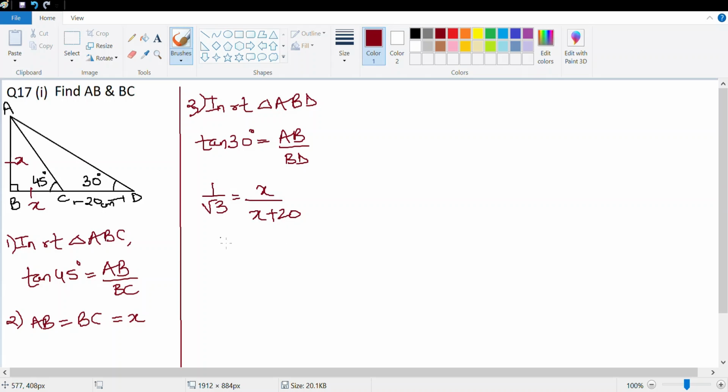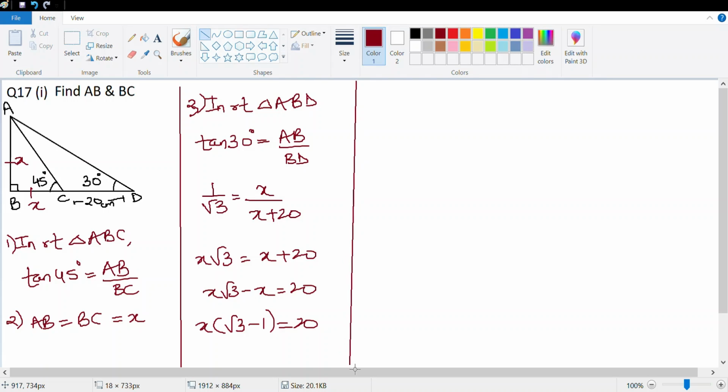Let's cross multiply. So I have X root 3 is equal to X plus 20, which means X root 3 minus X is equal to 20. Let's take X common. So X times root 3 minus 1 is equal to 20, which means X would be equal to 20 upon root 3 minus 1.